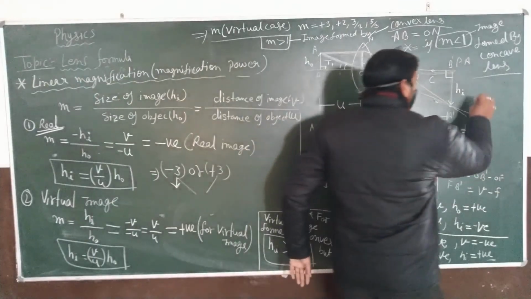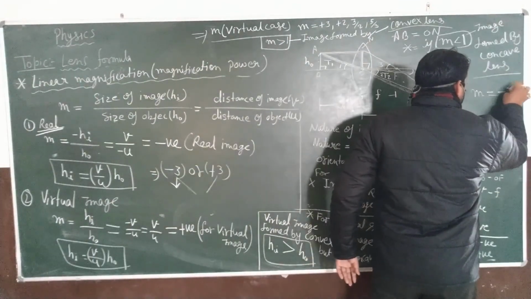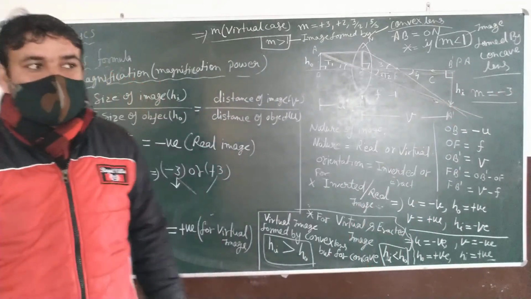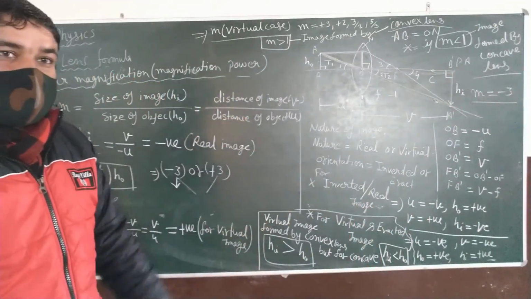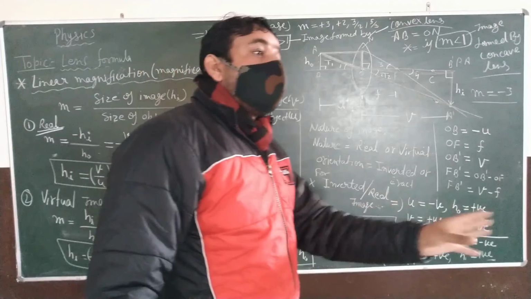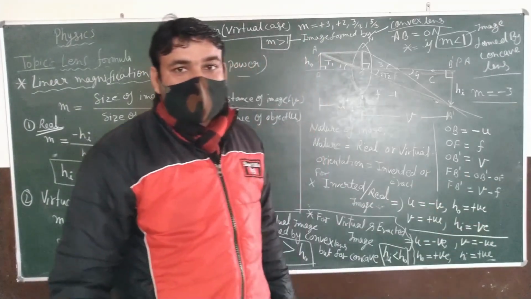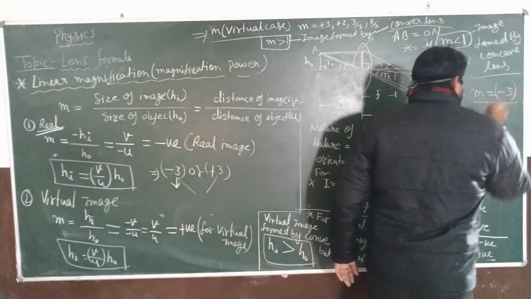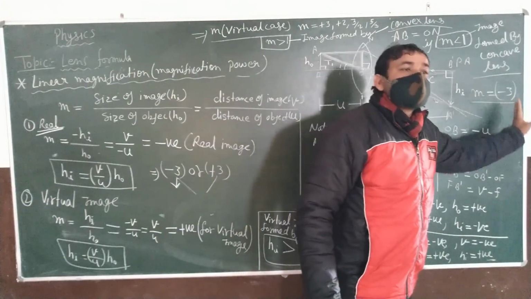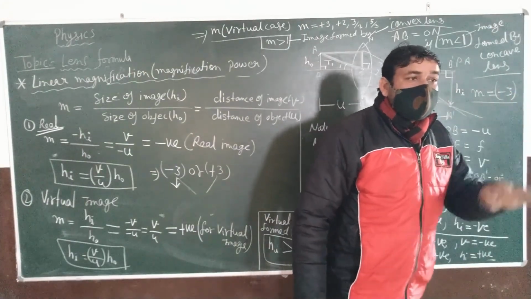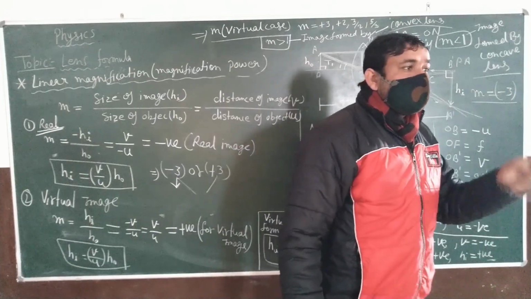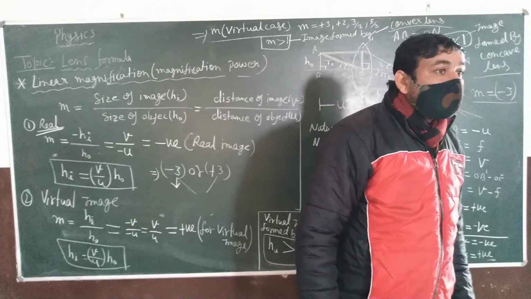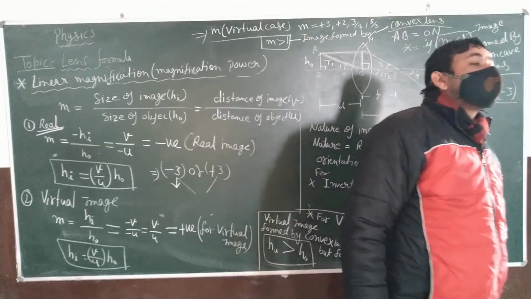Here, if m is negative, what idea do you get from here? That m is smaller than 1 or that m is not smaller than 1? If the value of m is given as minus 3, it implies here that m is smaller than 1 or not? Not. Yes, that's it.